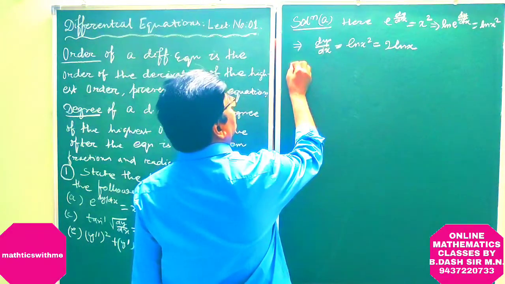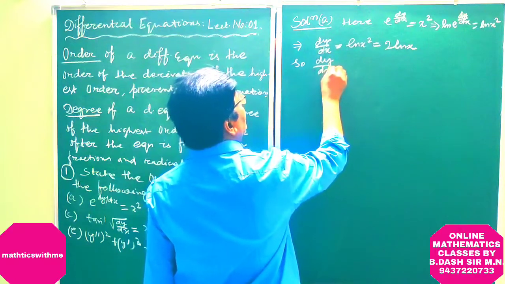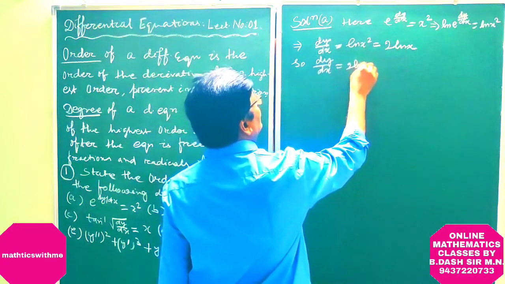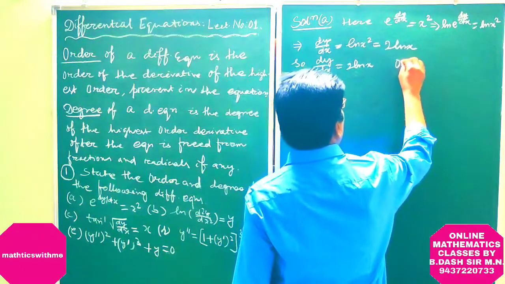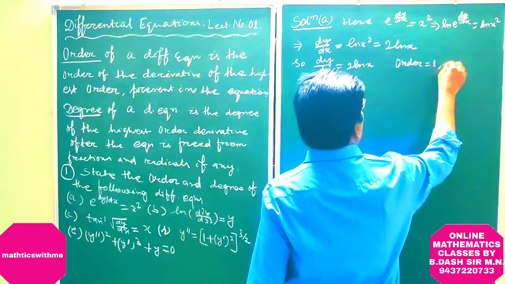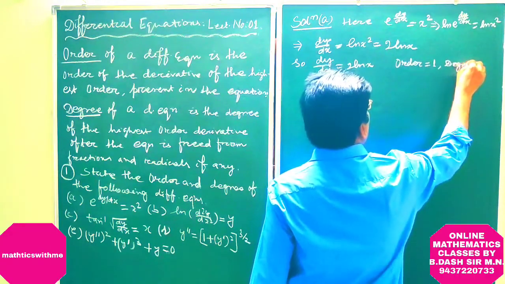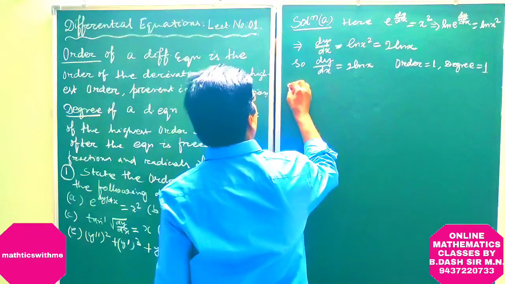So dy by dx is equal to 2 ln x. Here the order of the differential equation is equal to 1 and the degree is also 1.